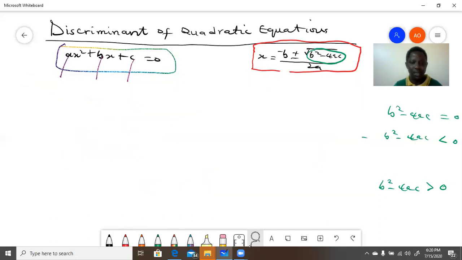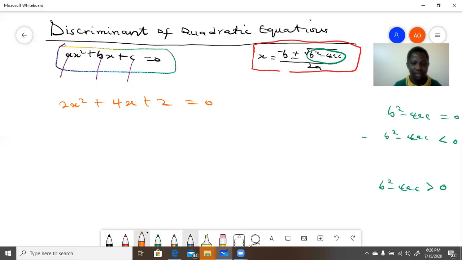All right. So let's say we have another question, which is 2x squared plus 4x plus 2 equals 0.